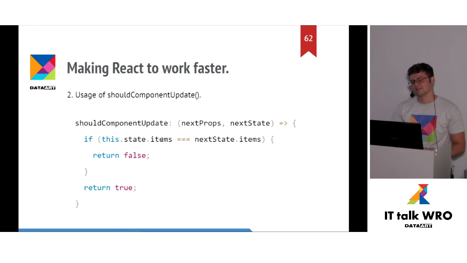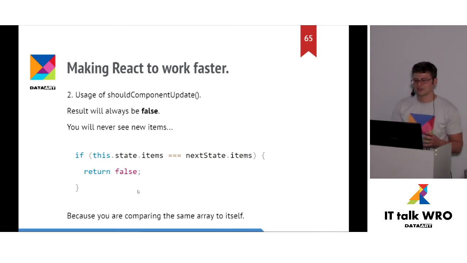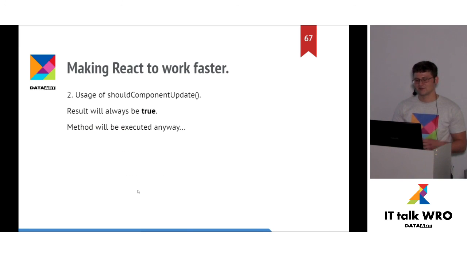Whenever a new array is returned and you compare one array to another array, it will always be false. That's why it will return true. So the shouldComponentUpdate method will be executed every time.